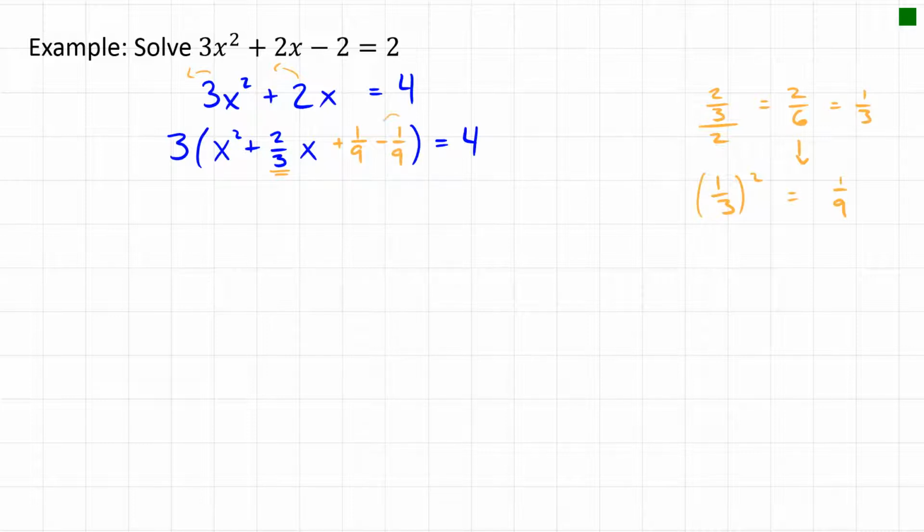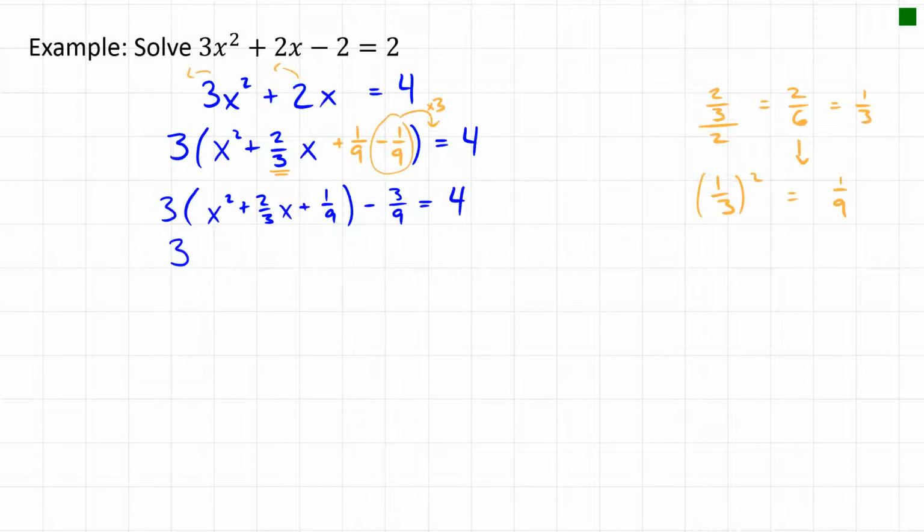And when we take 1/9 out of the brackets, negative 1/9, so that we can have the perfect square all together by itself, we'll have to multiply it by 3. So I have 3 times x squared plus 2/3 x plus 1/9 minus 3 times 1/9 is 3/9, which we'll be able to simplify.